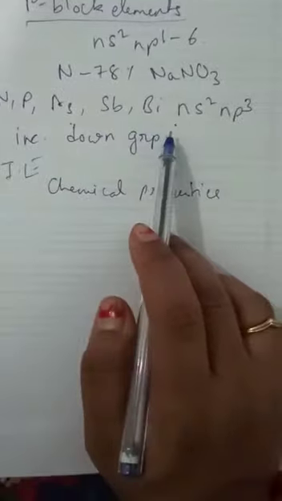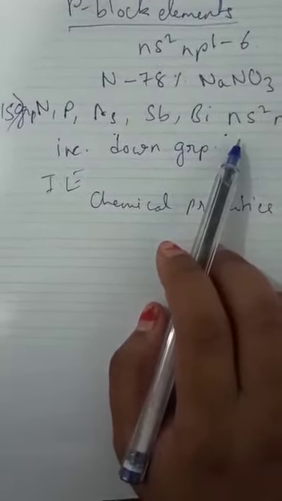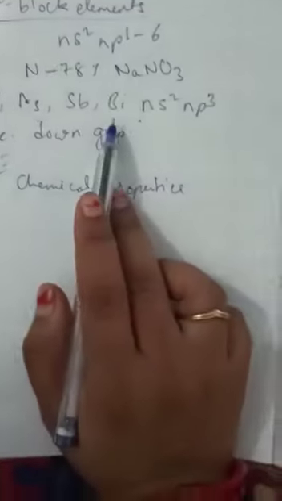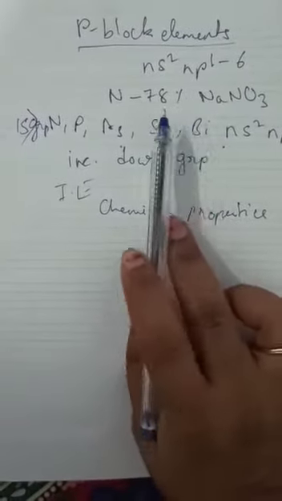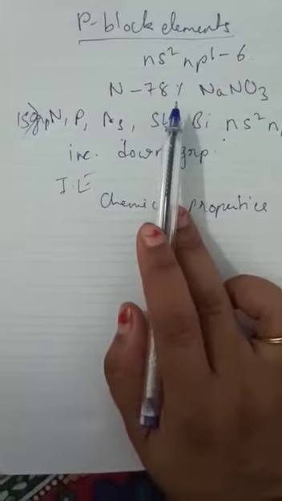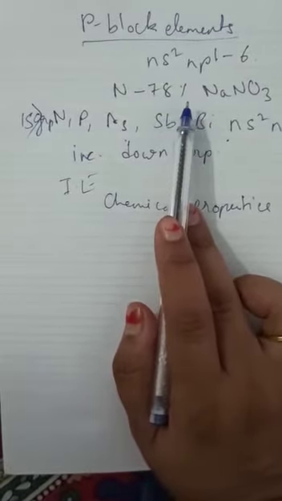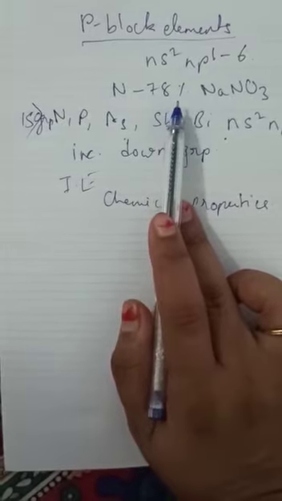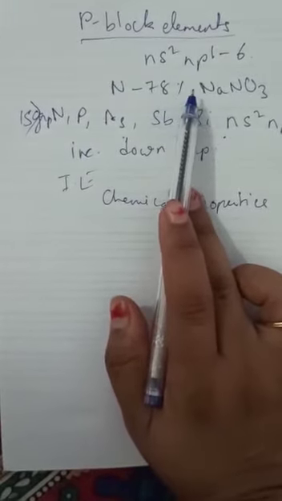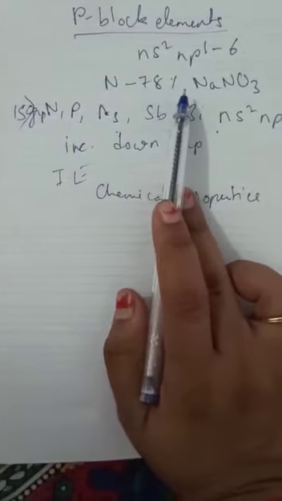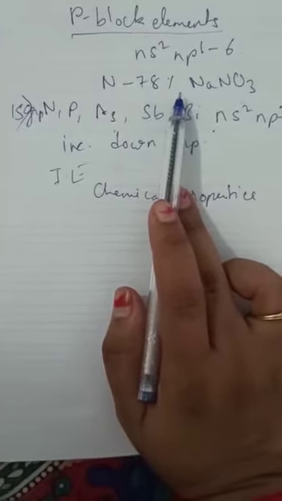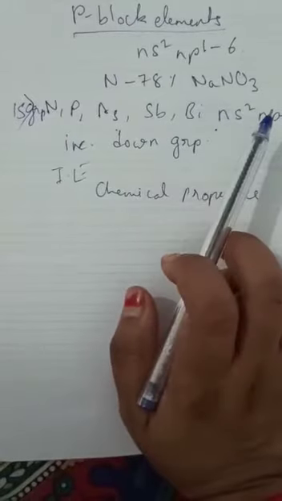Okay, and the p block elements occur in Earth's crust in various forms. The nitrogen element of the p block forms the 78% of the total volume of the atmosphere of the Earth, and it is present in the form of sodium nitrate.